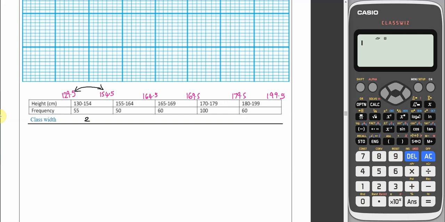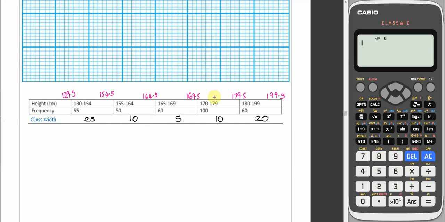It's a common mistake, and it comes from a lack of understanding of continuous data in histograms, to say this class has a width of 24. It doesn't. So notice 25, not 24. Do the same thing with all the other classes to work out their class widths. There we go, that's all the class widths done.